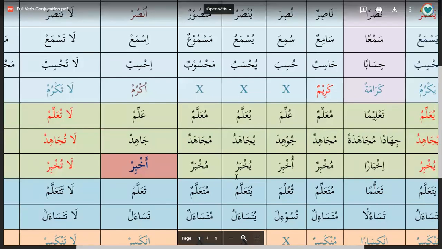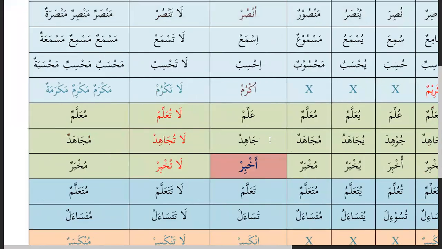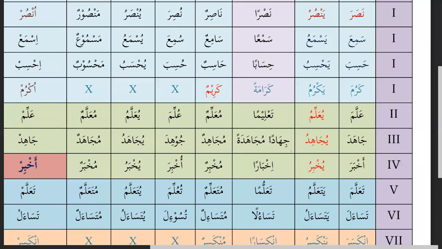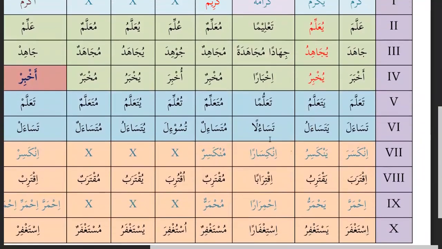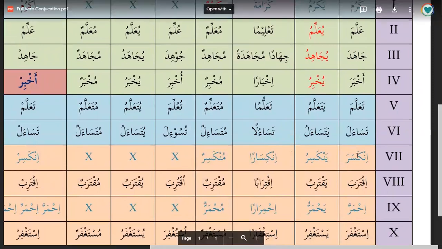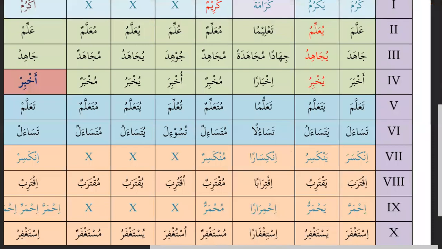Okay, so here is everything we have learned. Family number 2 to family number 10. I want you to focus on just the numbers. First we learned the Allama family, then the Jahada family, and then the Akhbara family.